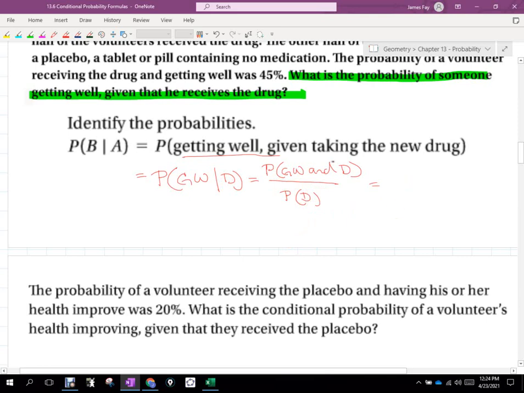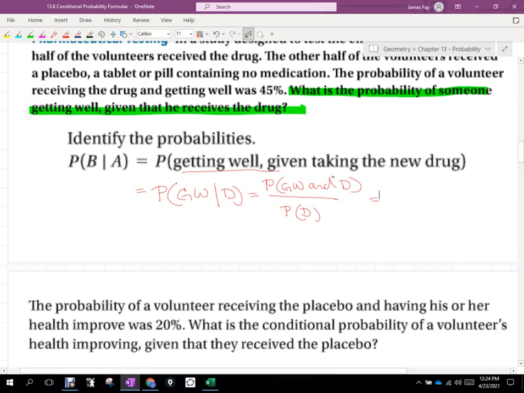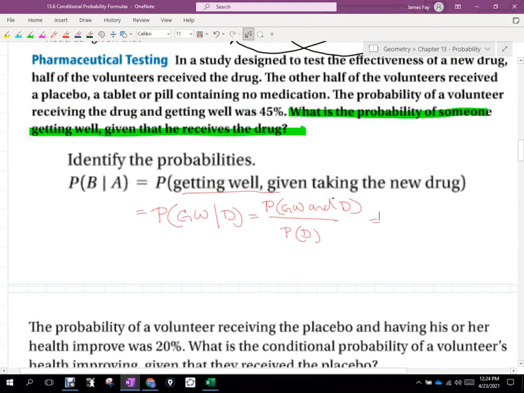Once I set that up, now I'm just going to run through the problem and see, did they tell me a value for somebody that got well and received the drug? So it says the probability of a volunteer receiving the drug and getting well was 45%.